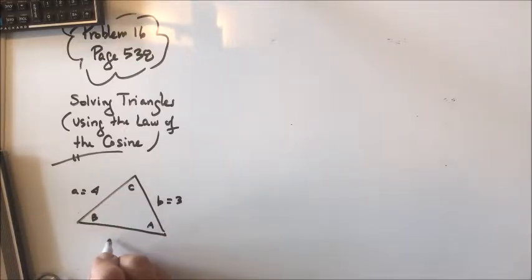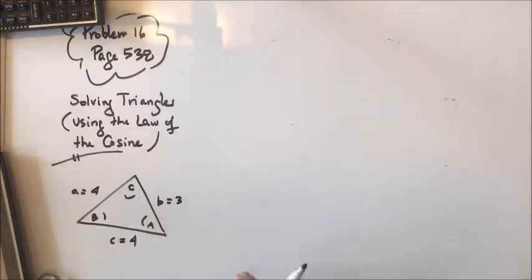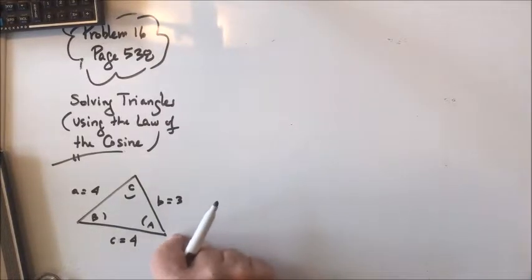It says C is equal to 4. Well, it's an isosceles triangle. It doesn't look it when I drew it, but there you have it. The instructions are to solve every triangle. We've got sides, no angles, but you can get them pretty quickly.